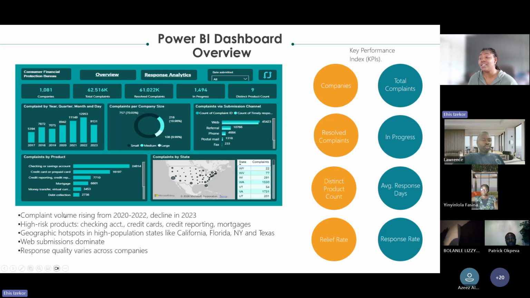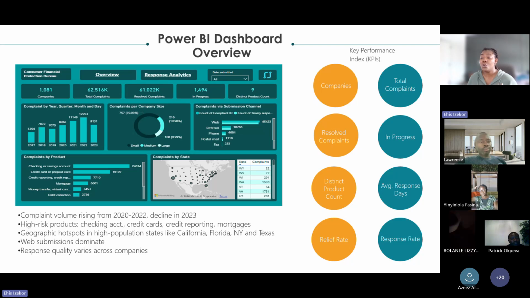And if we go to the states, this data was gotten from states in the United States, and we'll see that the hotspots with so many complaints are states like California, Florida, New York, and Texas. How do people submit their complaints? They submit through web, referrals, phone, postal mail, fax.